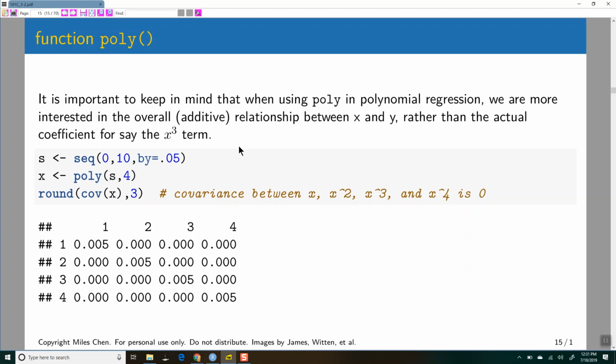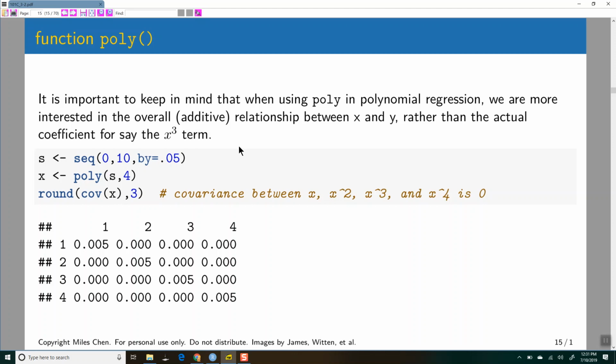The values of the coefficients that get estimated with lm would change drastically, but the predictions after you add everything together would be pretty much exactly the same, and the statistical significance of each degree polynomial will also be the same.